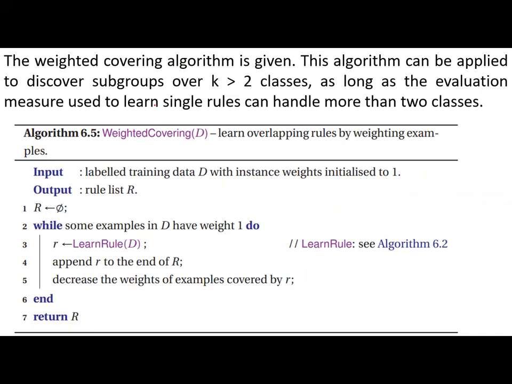It should have more than 2 classes, my dear friends, then only it is applied. As long as the evaluation measure is used to learn single rules, it can handle more than 2 classes.